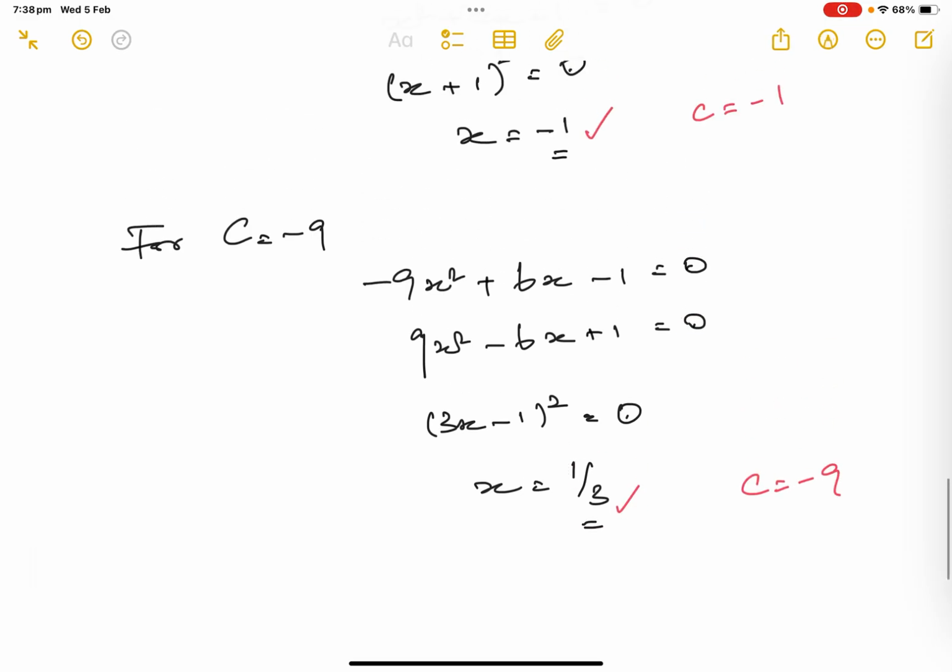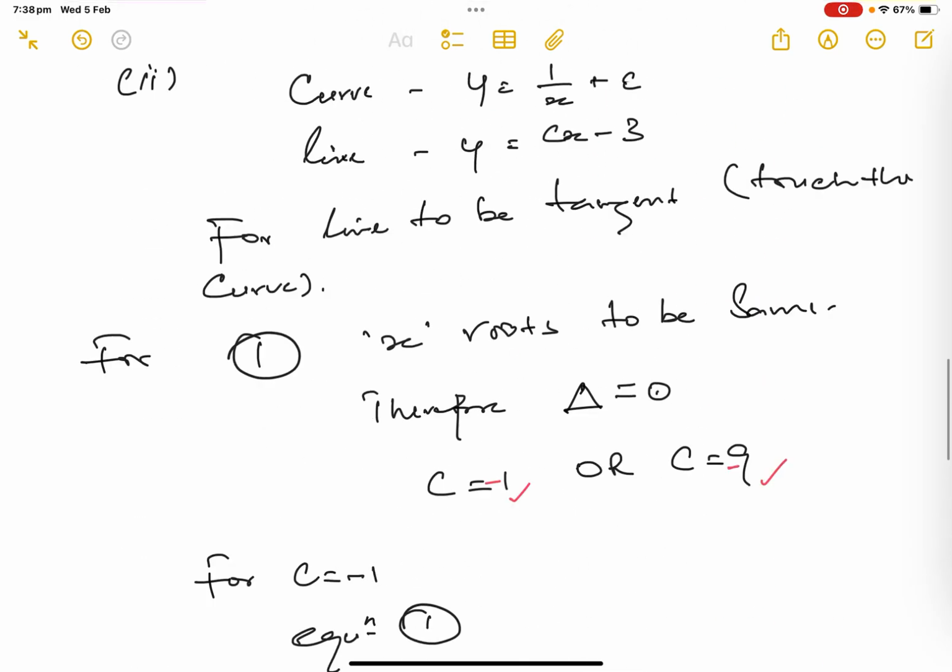So those two values, c equals minus 1 and c equals minus 9, are where the discriminant equals 0, because the line touches the curve. When the line touches, c takes two values. For one value, x equals minus 1. For the other value, x equals 1/3.